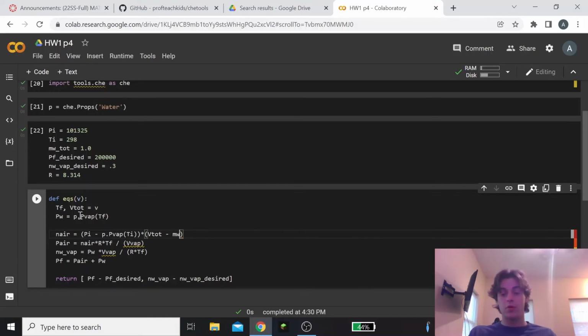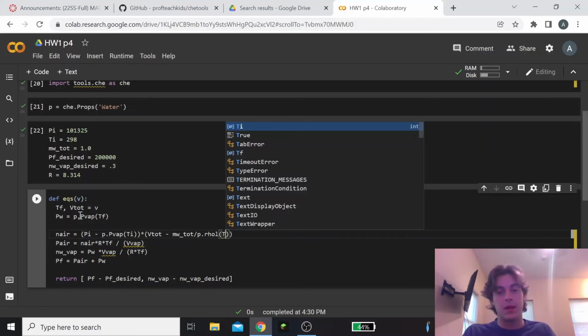So our total mass of water divided by the density will give us our volume. Again, to get the density of water, we can get the density attribute of a liquid at our initial temperature.